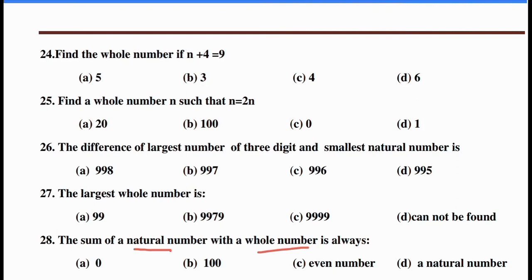So by adding this we will get whole number as answer, which is not given here, and we can write whole number, right? By adding natural number and whole number we will get whole number as answer.